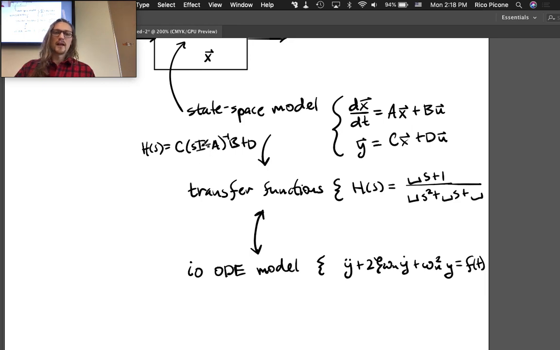This is the identity matrix of the size of A. So you need to do matrix subtraction, scalar multiplication of a matrix, and then an inverse of a matrix, then matrix multiplication, and then matrix addition. So you got to be able to do those linear algebra operations pretty much from the get-go here.